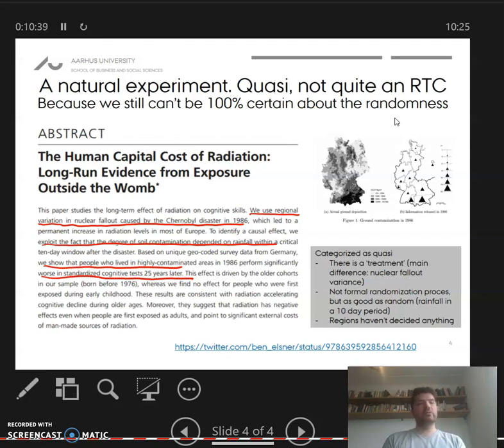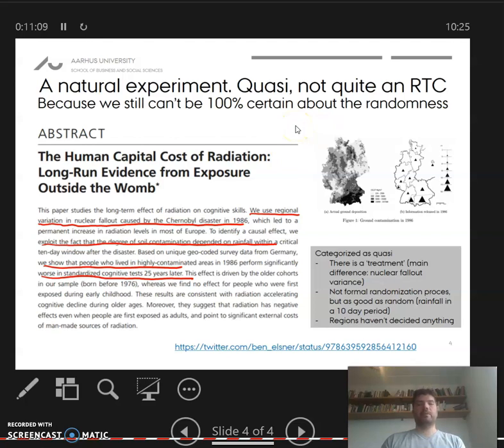We would still usually call it some kind of quasi-experiment because, again, we can't be absolutely 100% certain that there isn't some kind of relation between whether you're in an agricultural area or whether there could be any other systematic reason for why cognitive ability is linked to these different regions in the way it is.